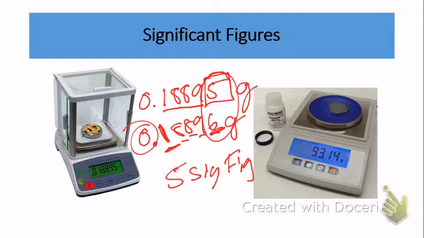Okay, now if we look at this other balance here, it records a mass of 93.14. That means the first 3 digits are certain digits, and the last digit, the balance, again, is estimating that that is a 4.